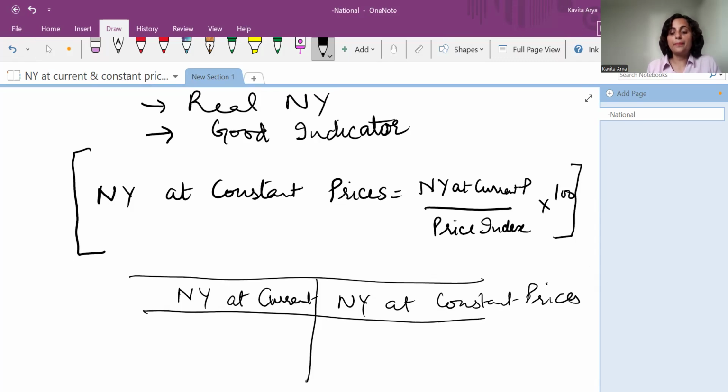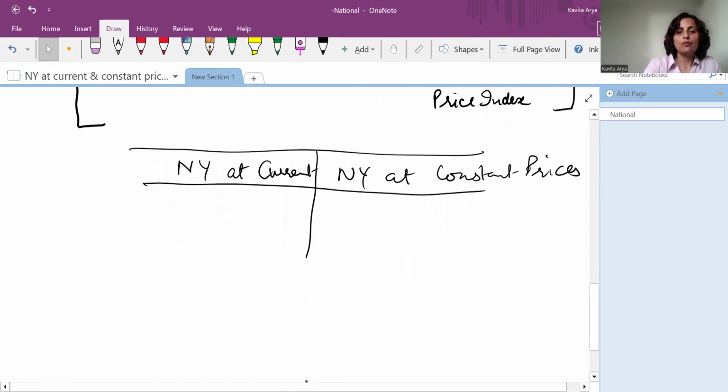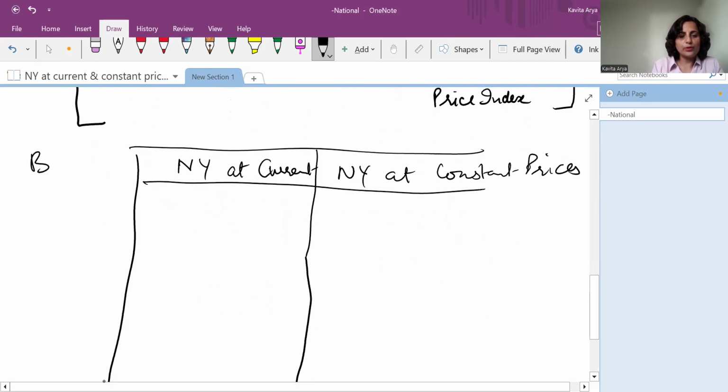And the best presentation would be if, along with the differences, we do give the basis of the differentiation. So you should ideally be writing the basis.